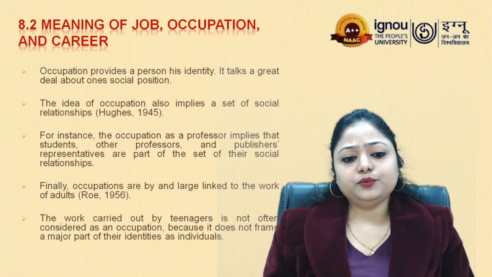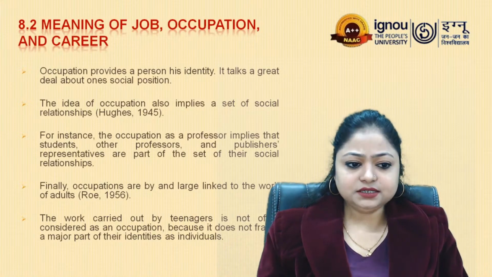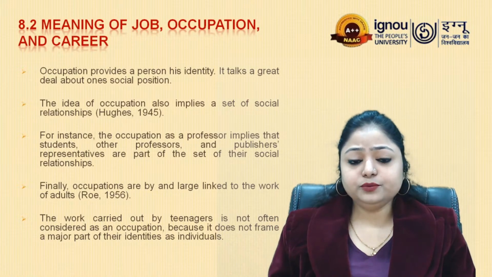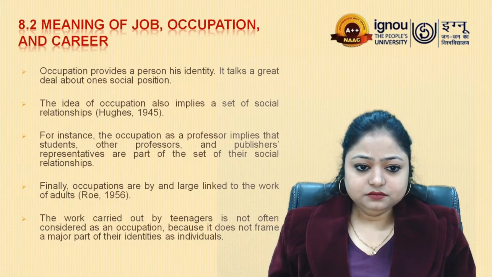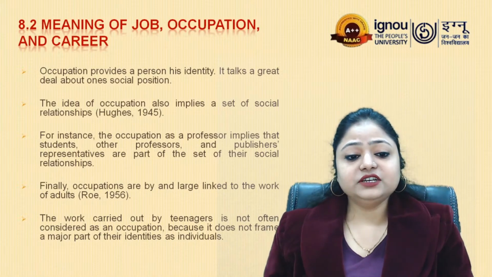So finally, occupations are by and large linked to the work of adults and their social networks and relationships. So if a professor is there, his occupation is teaching and being a professor, professorship.